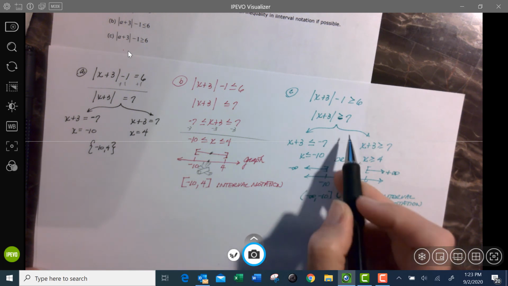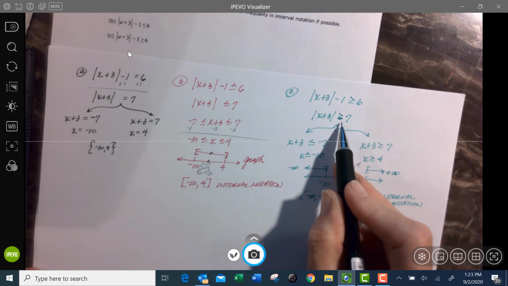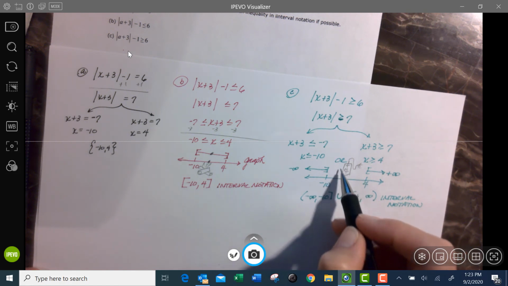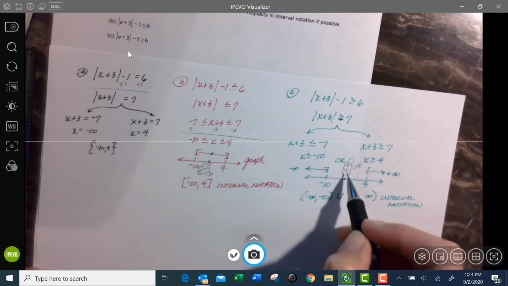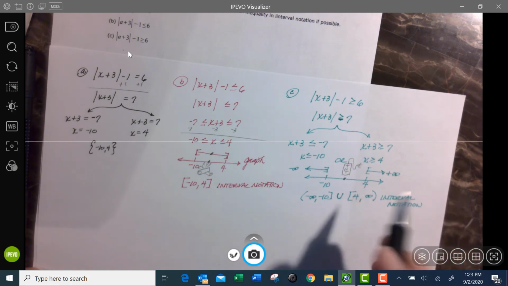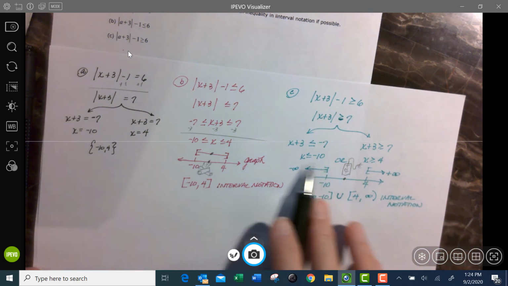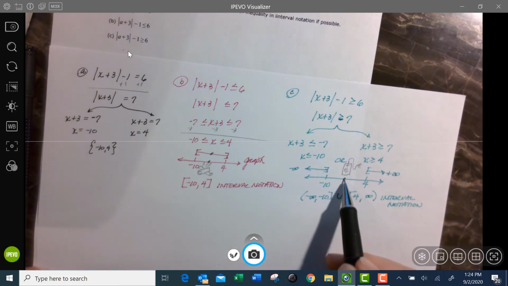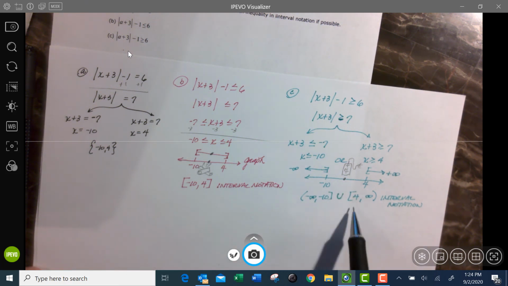So you would want to be greater than or equal to something like 7 feet away from the fire if there was some explosive going off in the middle. So you scatter. So when you scatter, you have two sets of solutions that are far away from the center point, which is why you would write it as two intervals with the union symbol in between them.